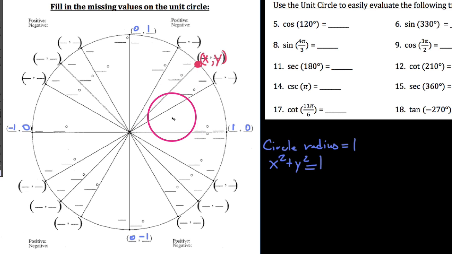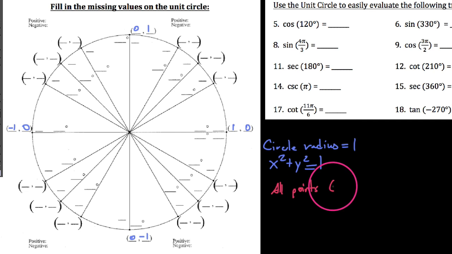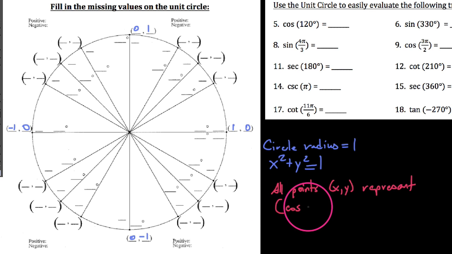So what we basically want to indicate here, and I would write this wherever you have room, I have room over here, is that all points x, y on the exterior of the unit circle represent the cosine of our angle and the sine of our angle.